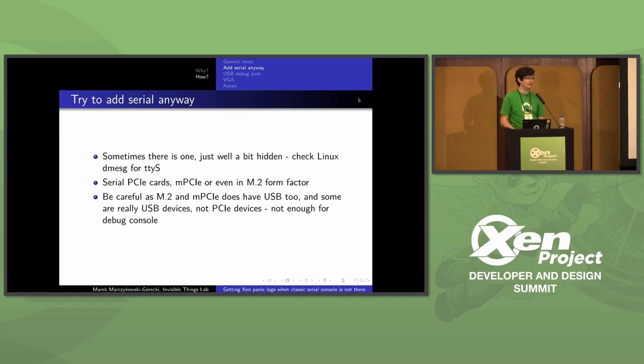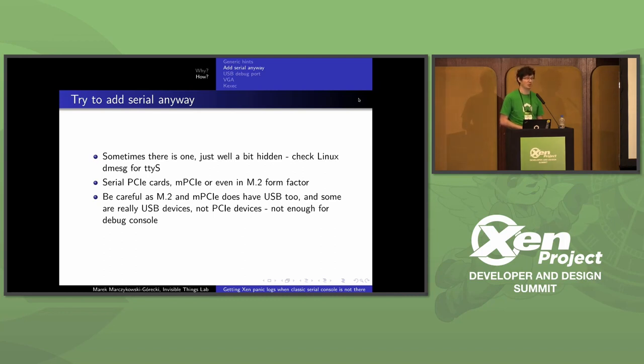For both M.2 and mini PCIe devices, when you are looking for something like this, be careful, because both of those ports have not only PCIe, but also USB and a few other interfaces. Especially with mini PCIe cards that claim to have extra USB ports, usually those are not really USB controllers, but USB hubs.